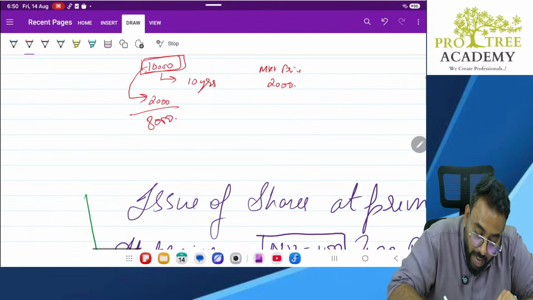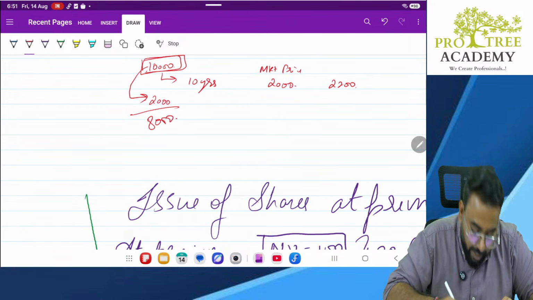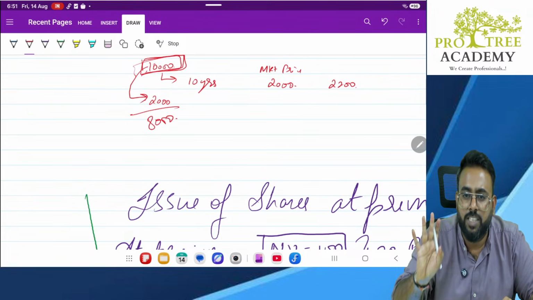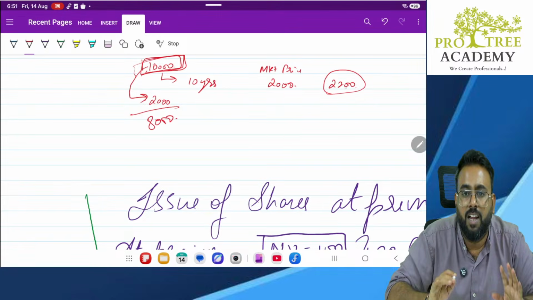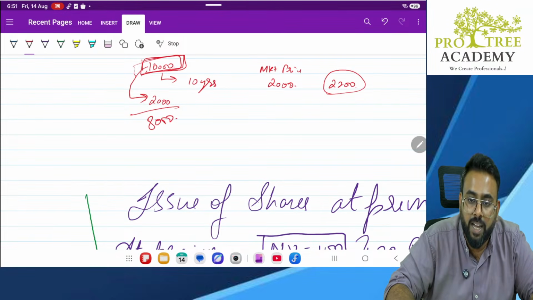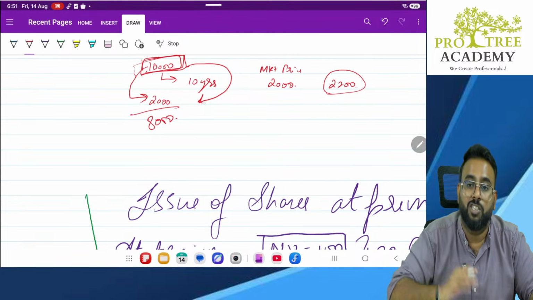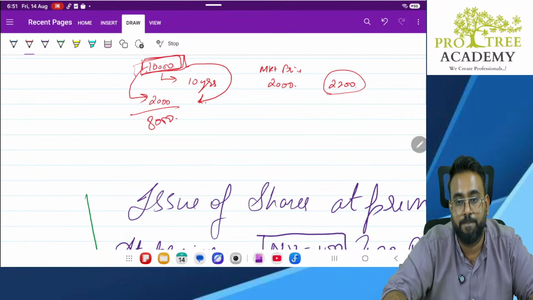I will offer 2,200. Now tell me, at least 5,000 shareholders will be interested. They will say, my God, I am getting 200 rupees extra. Let me sell it. So they will sell the shares to the company itself, not to others.